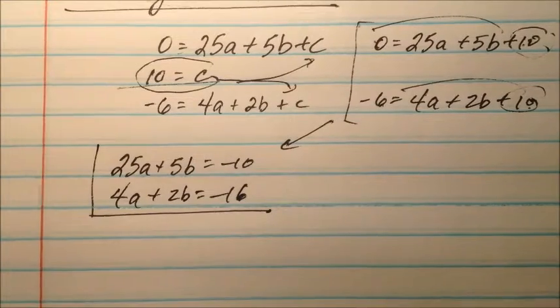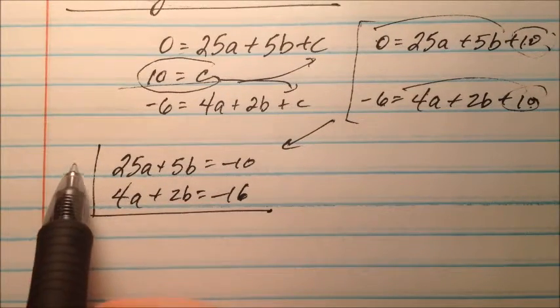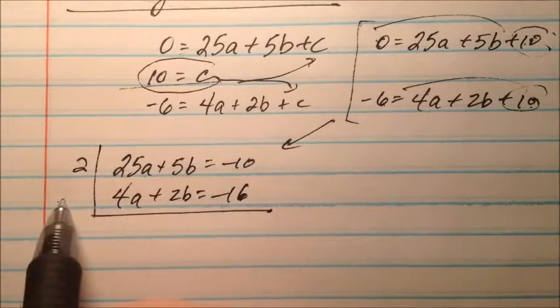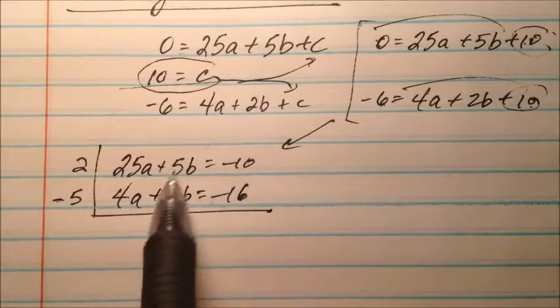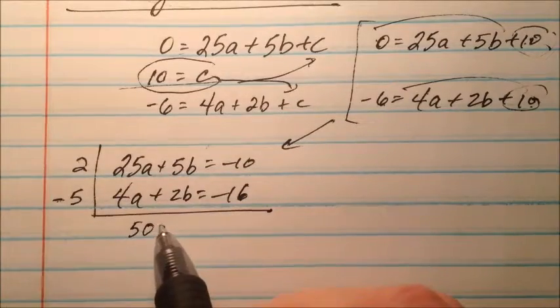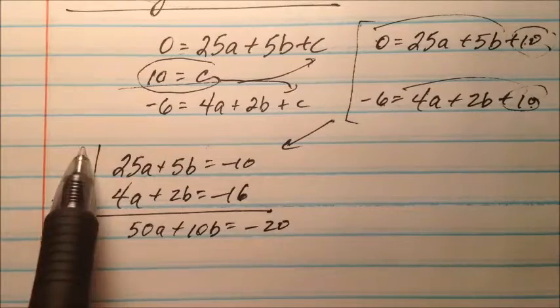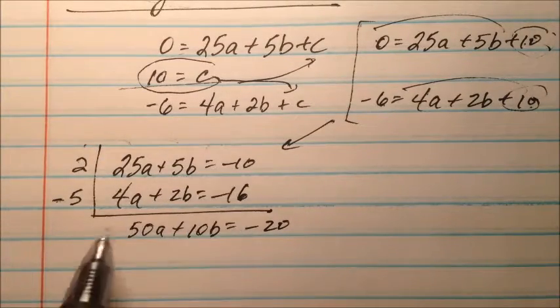Okay, well this is a super nice system of equations here. So I'm going to use elimination. I'll multiply by 2 up here and by negative 5 down here, and that way I'll get rid of my b's. So it'll be 50a plus 10b equals negative 20 when I run that 2 through the first equation.